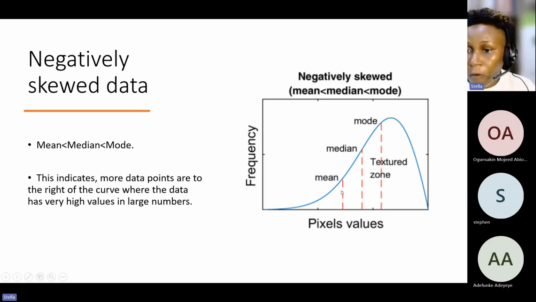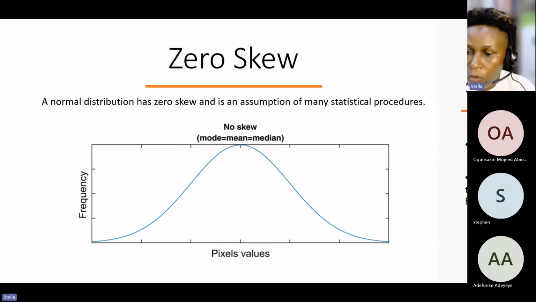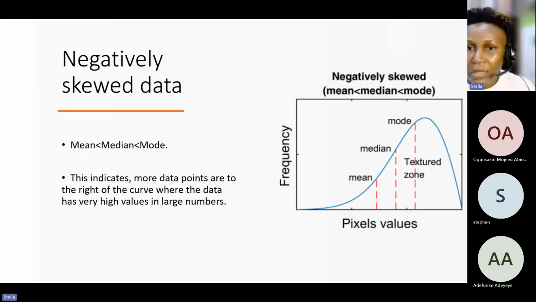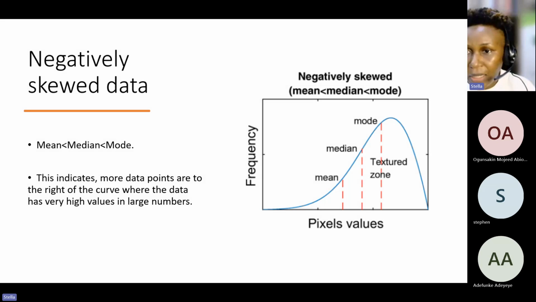Whenever you come across this kind of curve, whether in machine learning or data science, just know that your data is not normally distributed. You need to normalize this data to get this other curve. So this is the negatively skewed data.